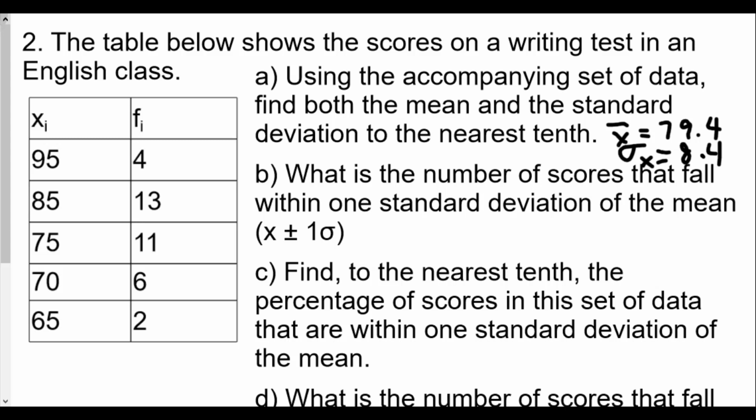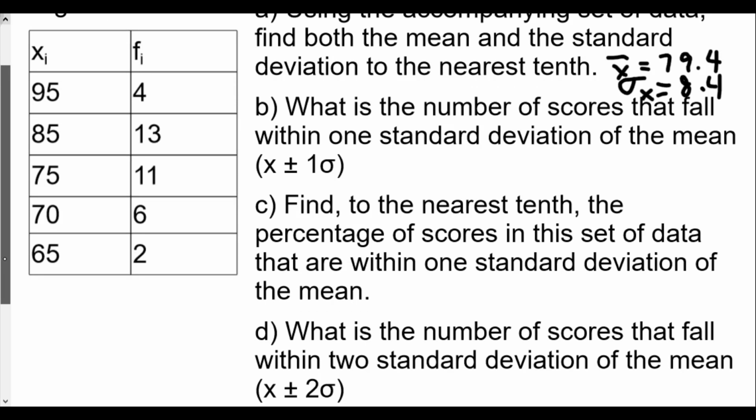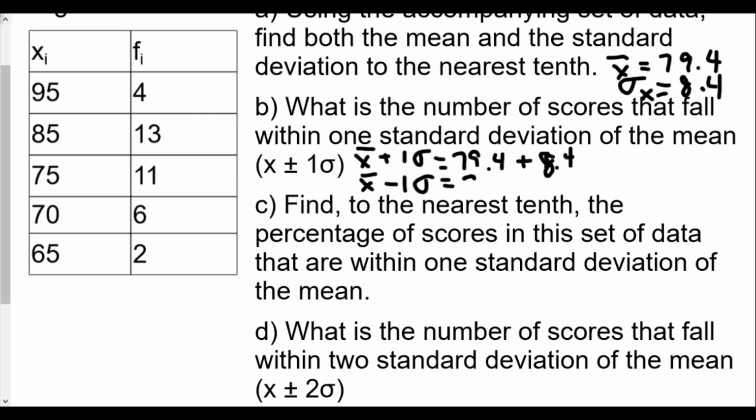Now for part B, what is the number of scores that fall within one standard deviation of the mean? What that means is we're going to take the mean plus one standard deviation, which is 79.4 plus 8.4, and the mean minus one standard deviation, 79.4 minus 8.4.